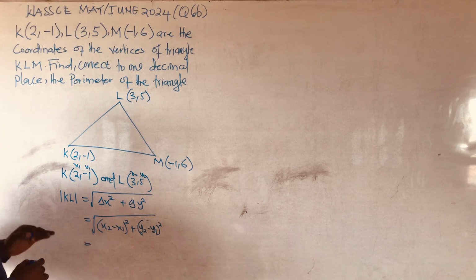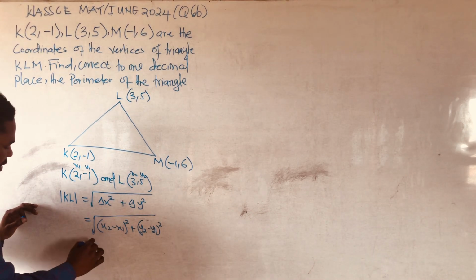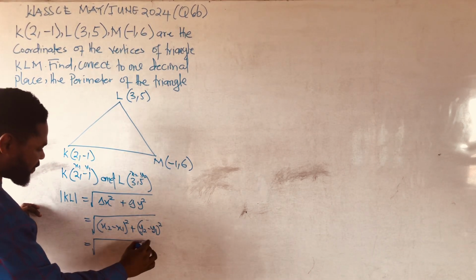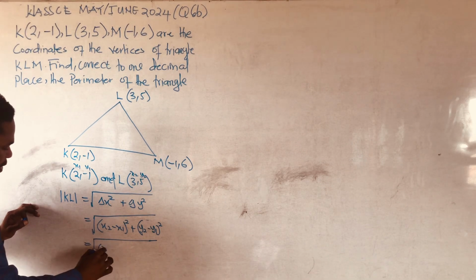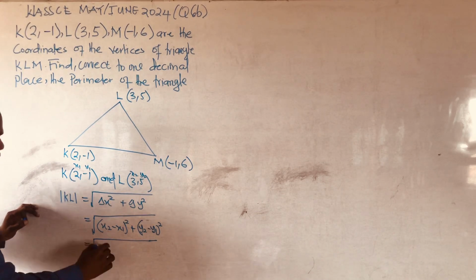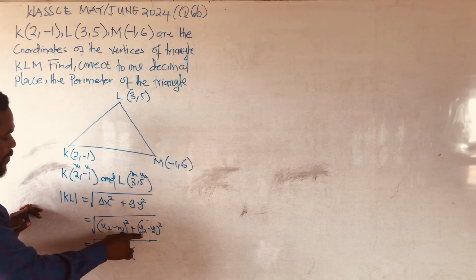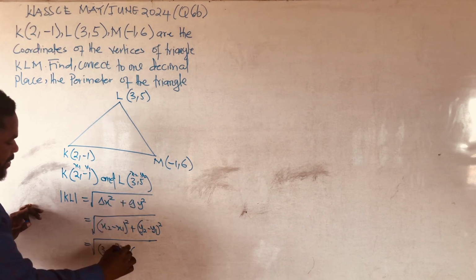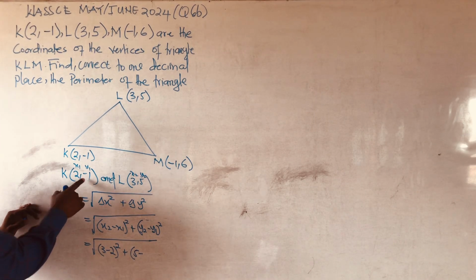Now, with this formula, we are going to fix these values into the formula. Our x2 is 3 minus x1, which is 2, all squared, plus our y2, which is 5, minus our y1, which is -1.